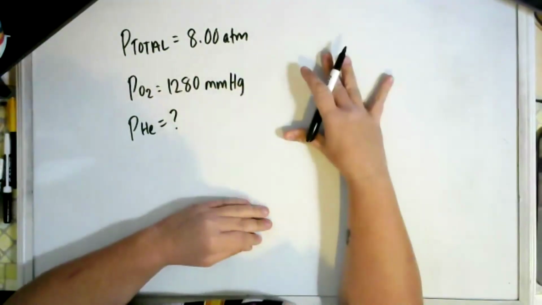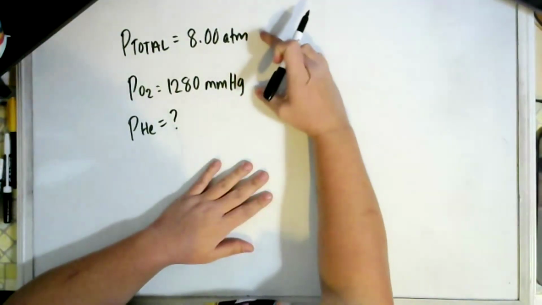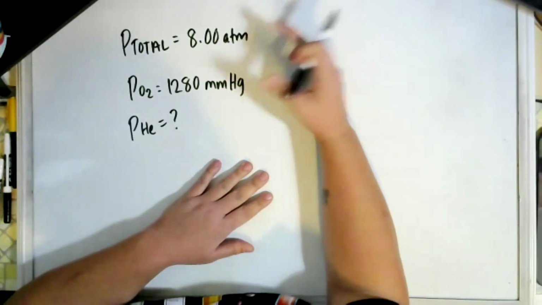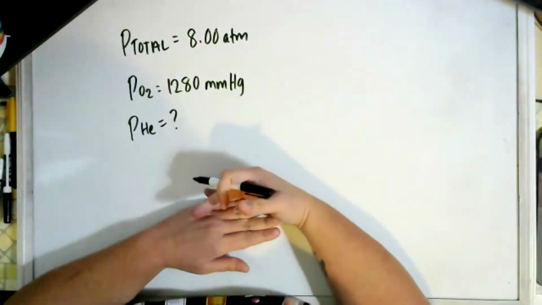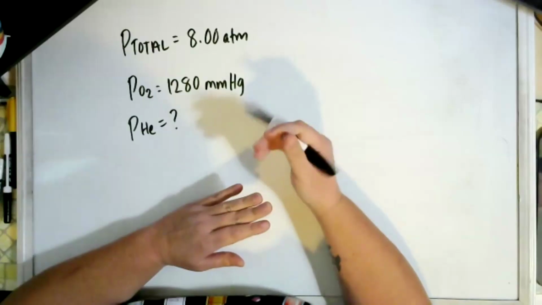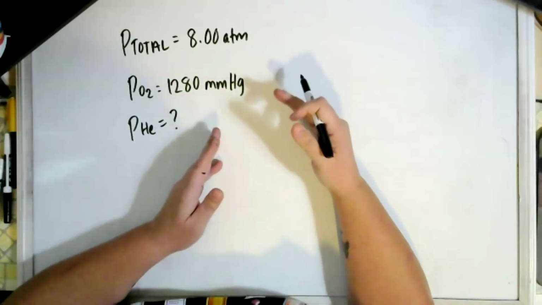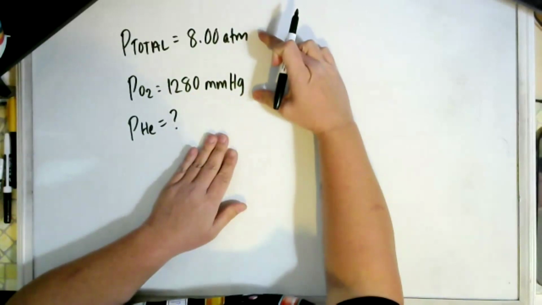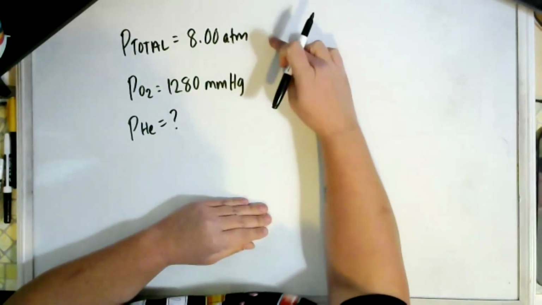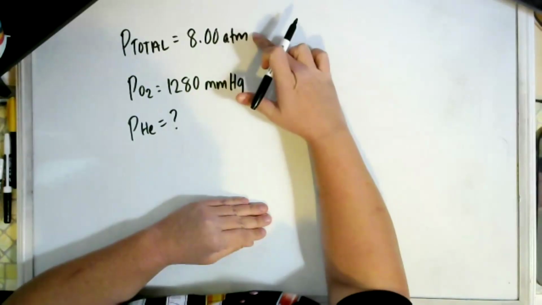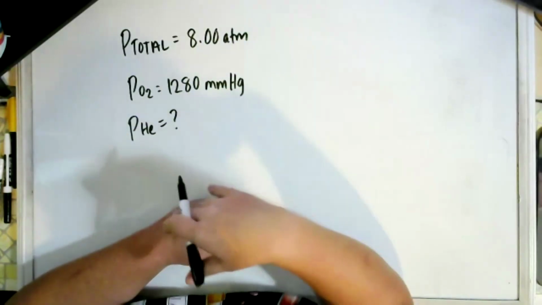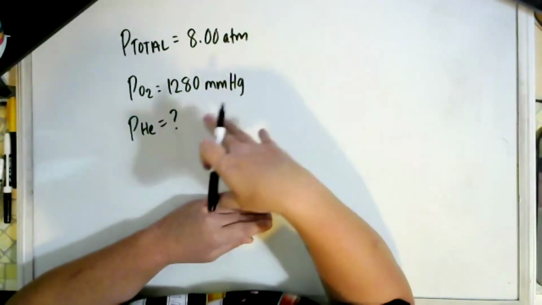One problem that we run into here is that we have different units again. If you notice, the answer choices are all listed in millimeters of mercury. So when we're deciding between these two values, we convert the one whose units are different than the answer choices. You have to make sure that the units are the same before you can do any math.